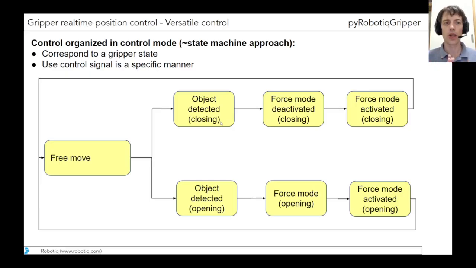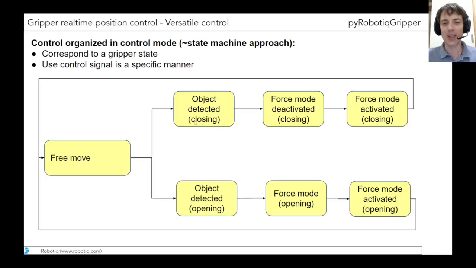In this mode, an object has been detected, and we don't use the signal of the joystick to control the gripper position. In this mode, we just wait for the operator to release the trigger, so that he can enter into the force mode, and then press the trigger again to set the force.